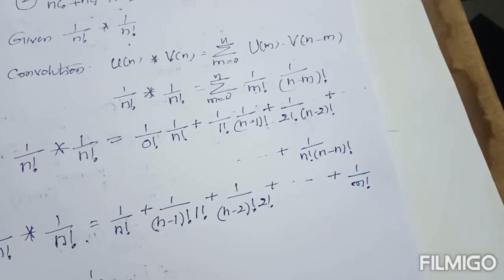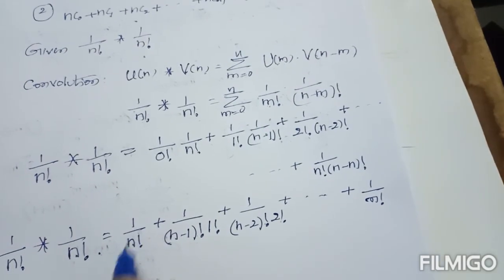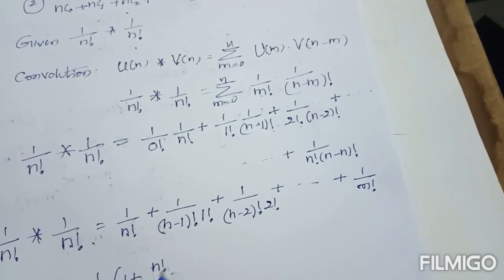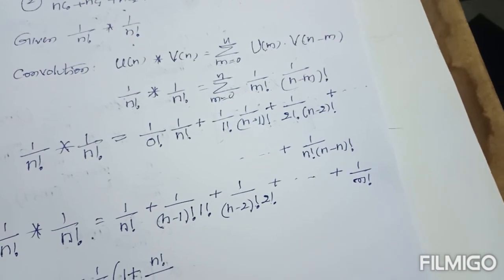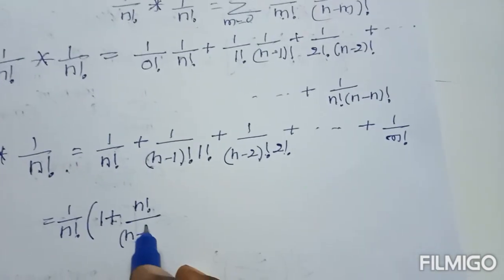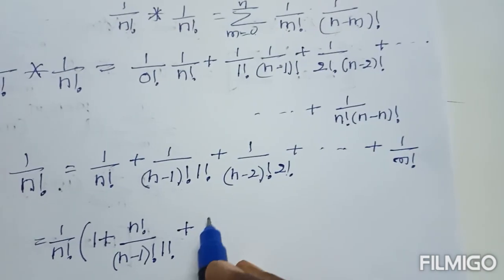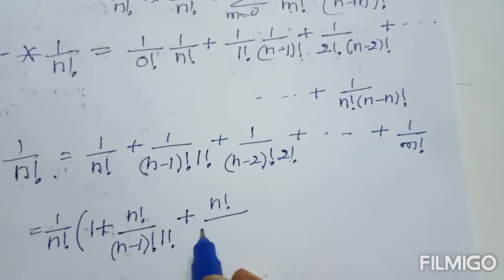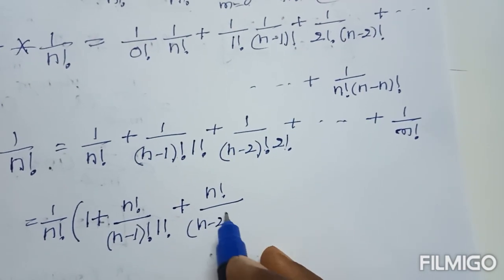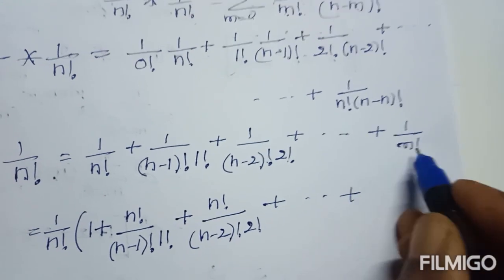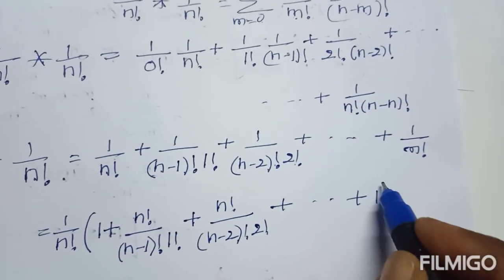Then the first term is 1, the second term becomes n factorial by n minus 1 factorial 1 factorial, plus n factorial by n minus 2 factorial 2 factorial, and so on, with 1 by n factorial outside.